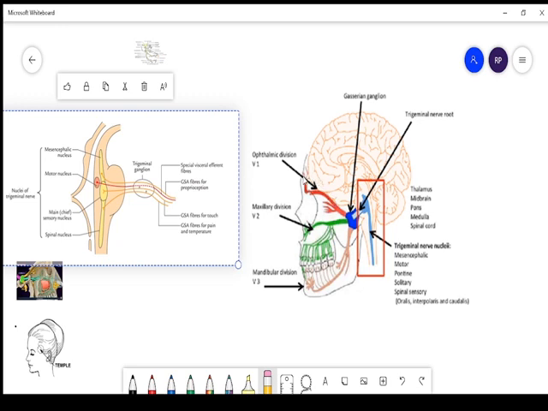Number one is the ophthalmic division, that is V1. Second is the maxillary division, that is V2. And third is the mandibular division, it is V3. The ophthalmic division and maxillary division are purely sensory, and the mandibular division is mixed, that is it carries sensory and motor fibers both. Now one by one I will explain: first the ophthalmic division, then the maxillary division, then the mandibular division.